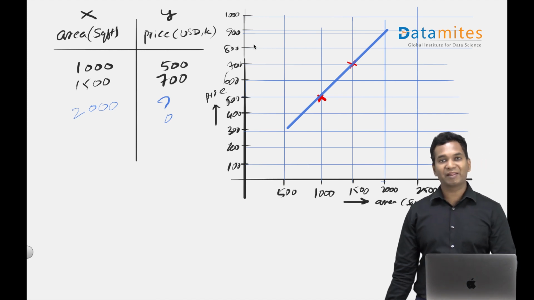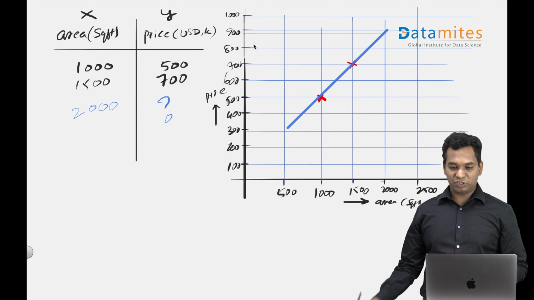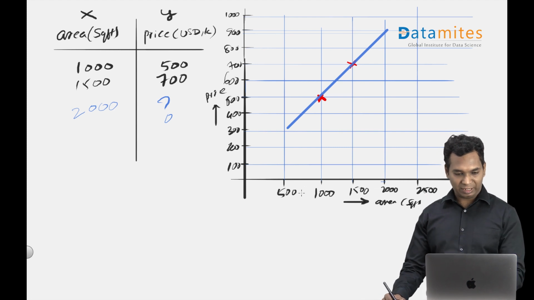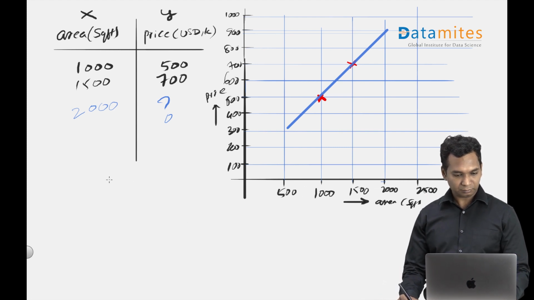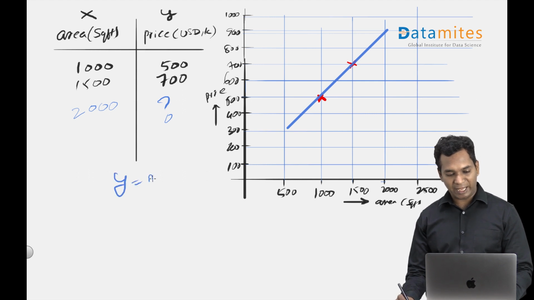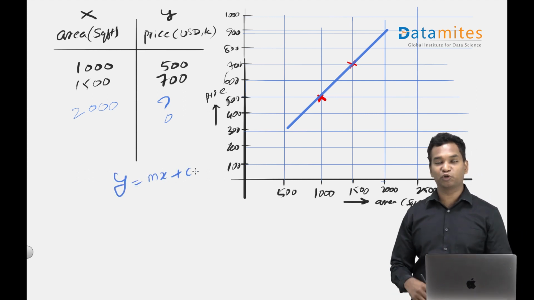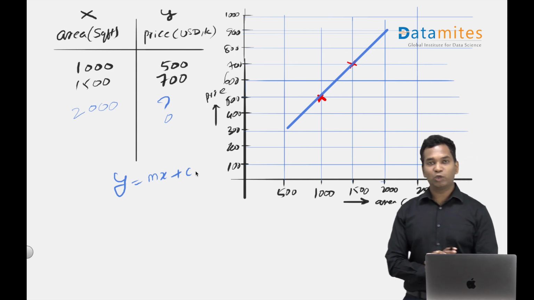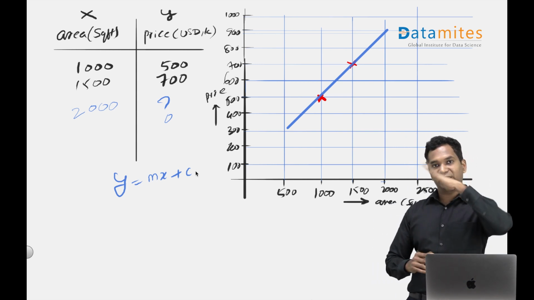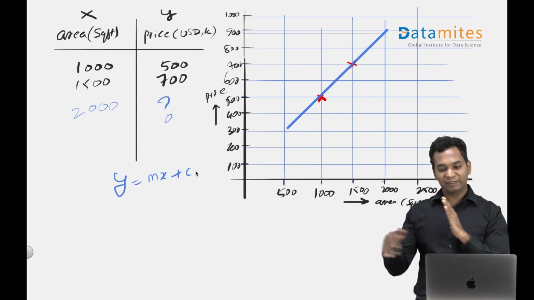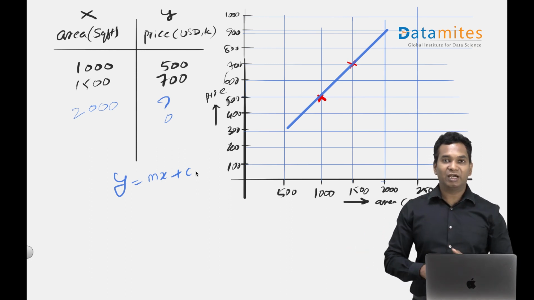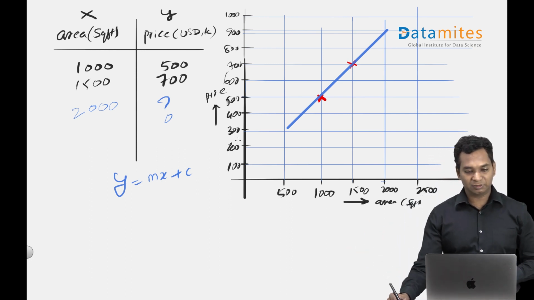If you want to do it mathematically, you need to start with a simple line equation. A line equation is y is equal to mx plus c. I'm pretty sure you know this from your high school mathematics, where m is the slope, which is telling you how tilted it is. It's the tan of the angle towards the x-axis, and c is your intercept.